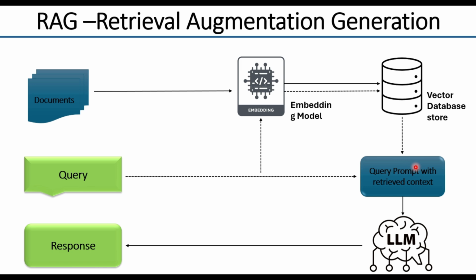So these relevant documents along with the query and one prompt are given in order to provide the outcome in a correct way. Based upon the prompt, query, and relevant documents, the LLM provides the final output.